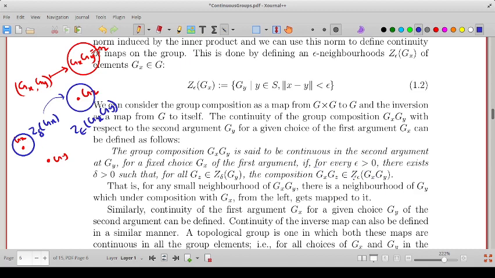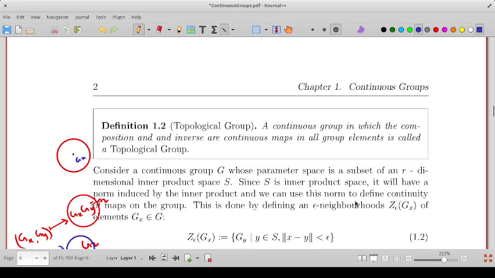In a similar fashion, we can consider the inversion map, which is a map from the group to itself. In terms of these epsilon neighborhoods, we can define the continuity of those maps as well. And a group in which the composition and inverse are continuous maps in all group elements is called a topological group.